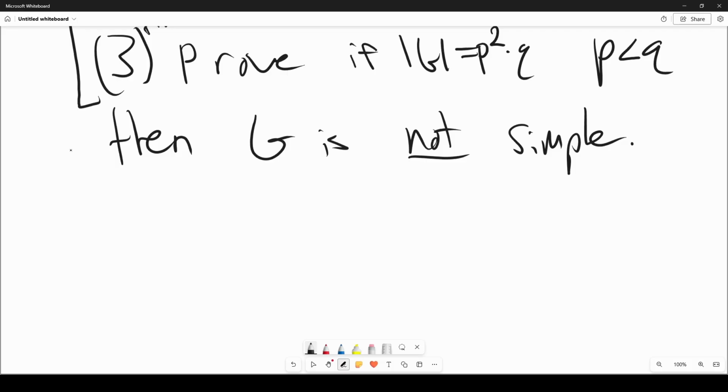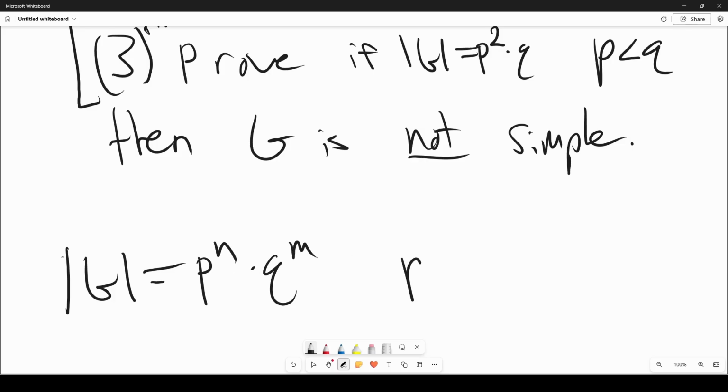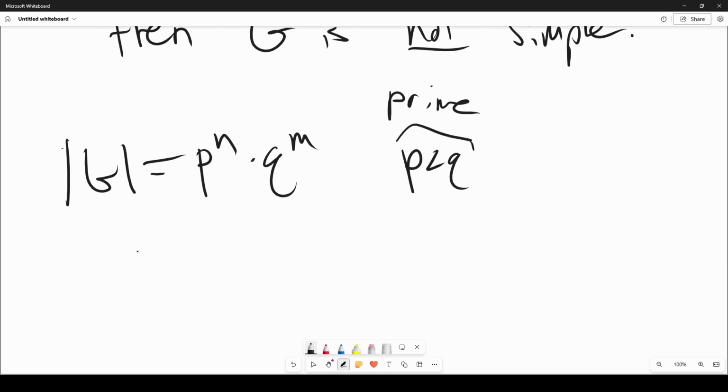It actually happens to be that there's a theorem called Burnside's theorem, which you're not allowed to use to prove these examples, but Burnside's theorem basically tells us that if the order of G is P to the n times Q to the m, where P is less than Q and they're prime, then G is not simple.